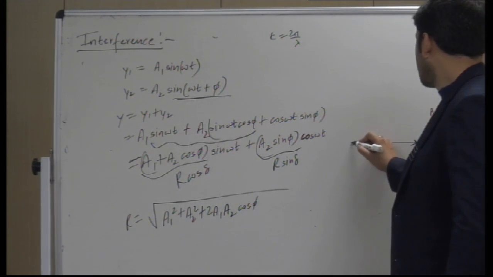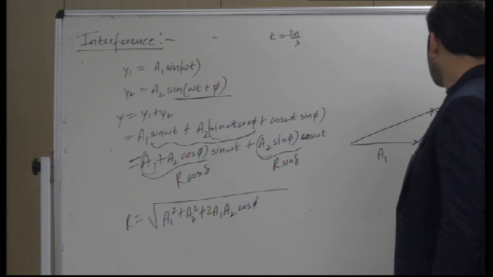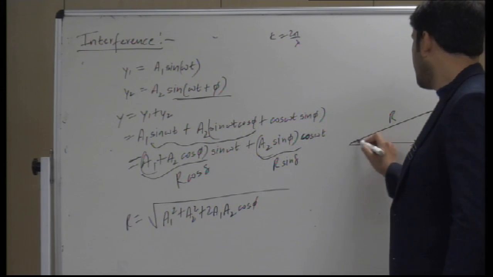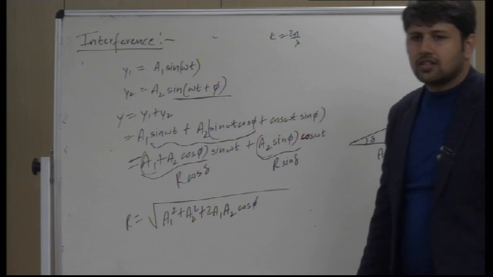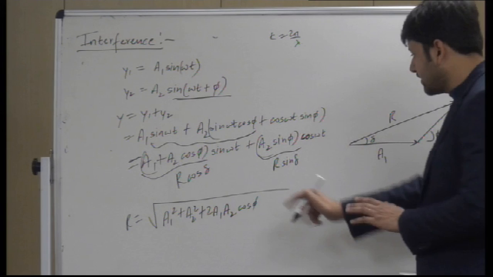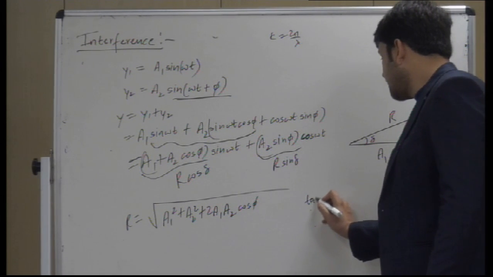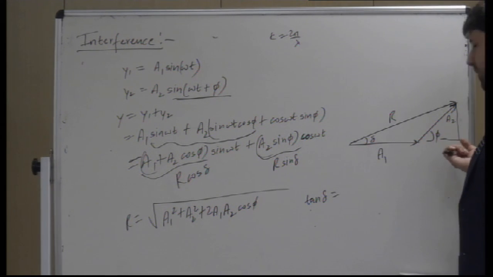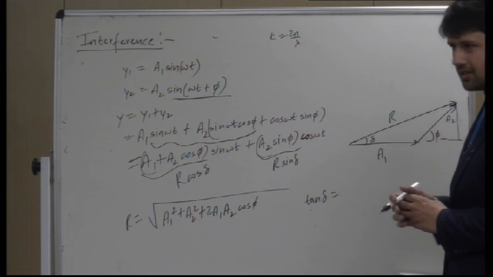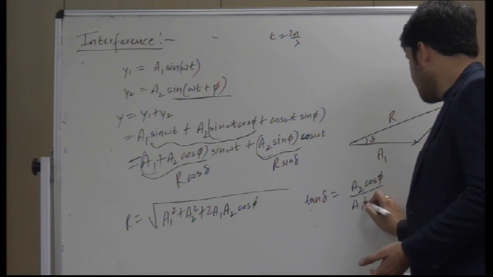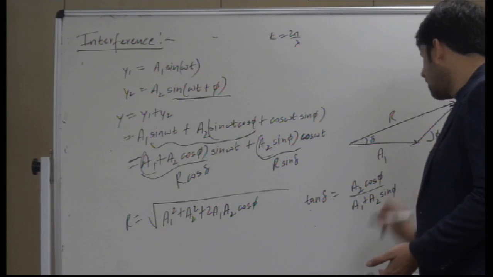So the resultant would be R, and this is the angle delta, the phase angle of the resultant wave. If you find tan delta, it would be this height upon the total base, exactly like vectors: a2 sin phi upon a1 plus a2 cos phi.